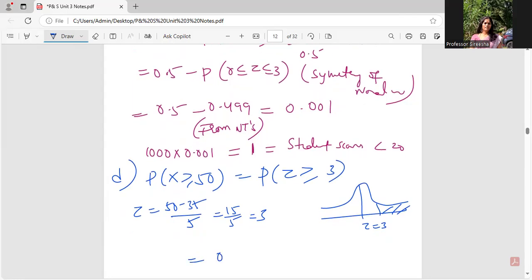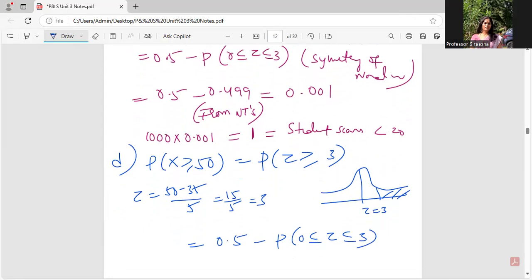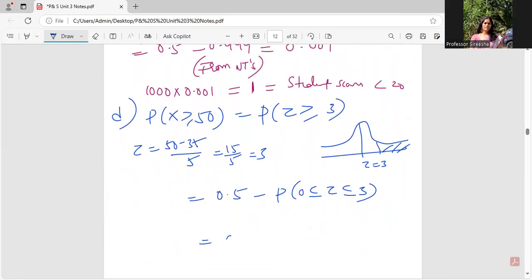From 0.5, I will be removing the area from 0 less than or equal to Z less than or equal to 3, guys, and then I'll be getting the answer. The same thing, 0.001. So 1000 into 0.001 is equal to 1 student gets greater than 50.